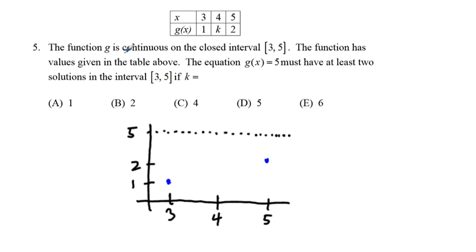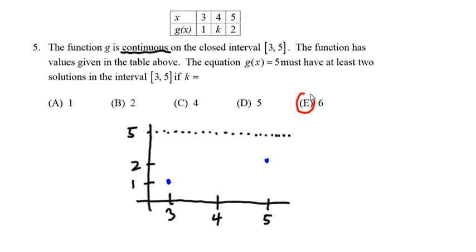Okay, the function is continuous, that's defined. So the function is going to have to cross this value of 5 and cross it again, which is the only value that requires 2 crossings of that value of 5.